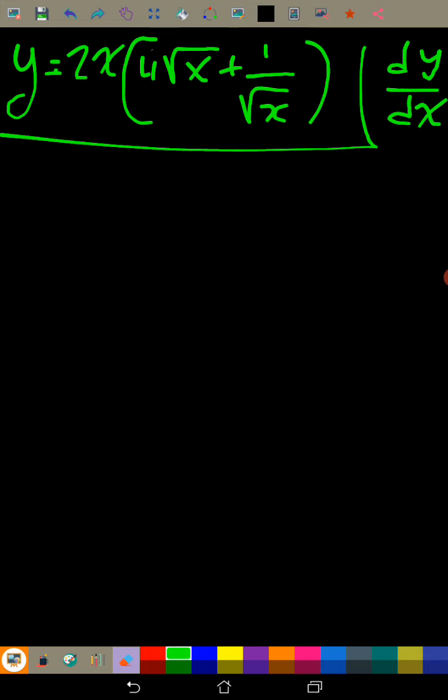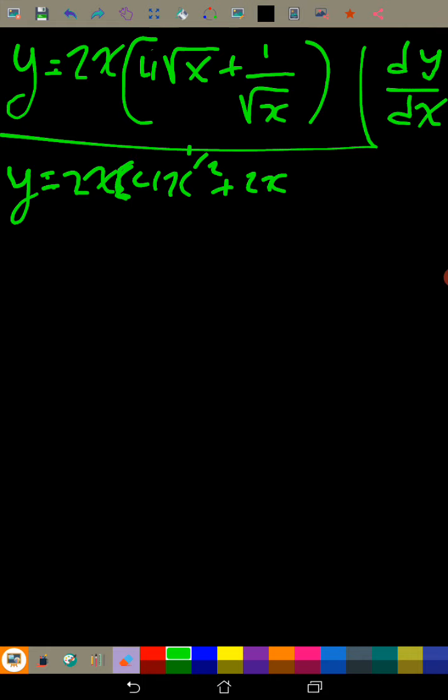So we need to simplify this, and we have a product here, we have brackets, so we can rewrite the whole thing as 2x times 4x to the power of half, plus 2x times, we can take out the bracket here.